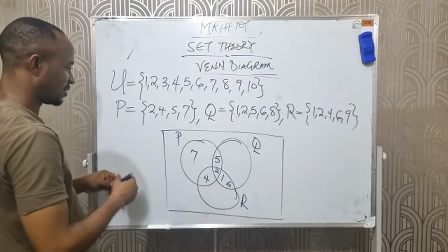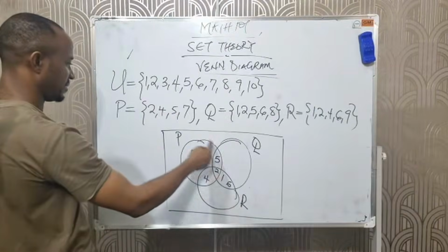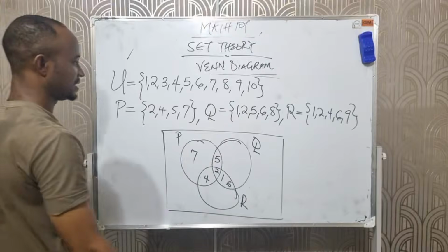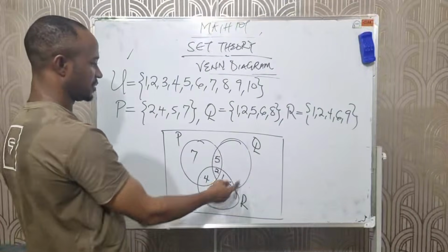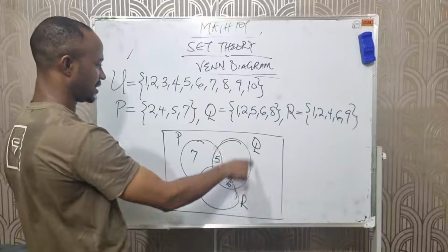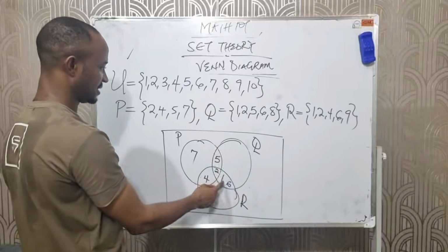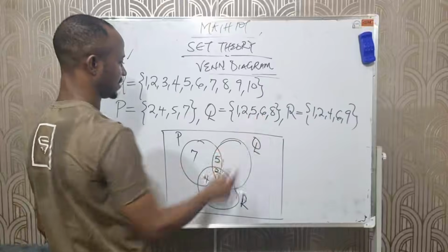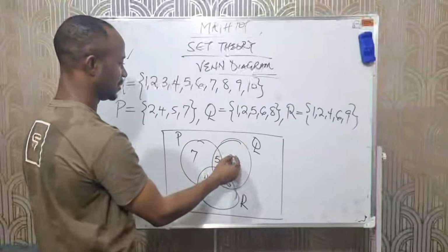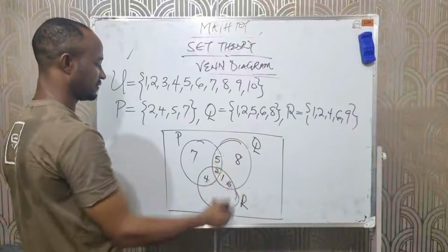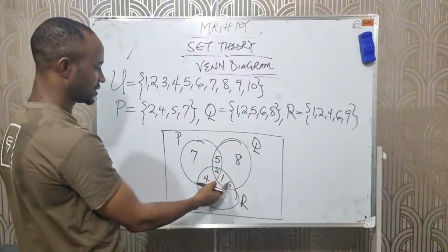So this 7 now completes all the subset of P, which is 2, 4, 5, and 7. Now the next is to look at Q. Q has 1, 2, 5, 6. The remaining one is 8. So this 8 completes all the subset of Q, which are 1, 2, 5, 6, and 8.